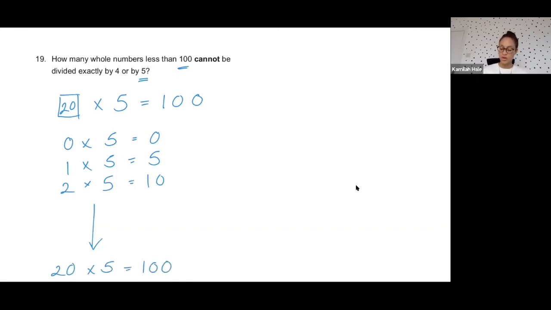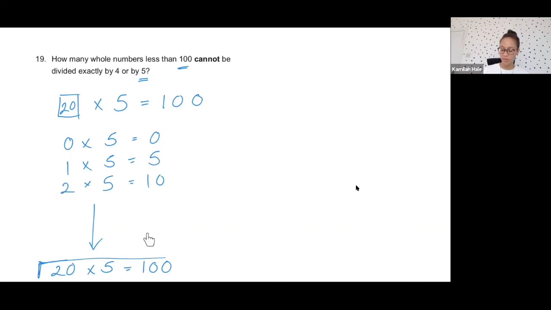Okay, so not including this last one, because we wanted numbers less than 100, how many of these numbers are you going to have? How many numbers can you multiply by 5 to get a number less than 100? Yeah, so you'll have 20 numbers on this side, including the 0.